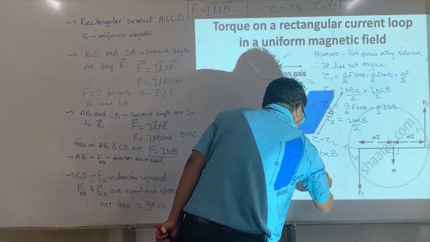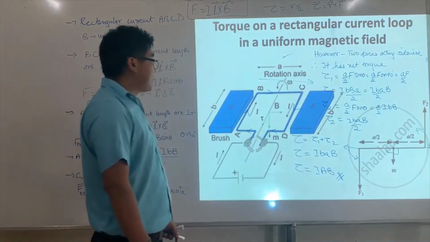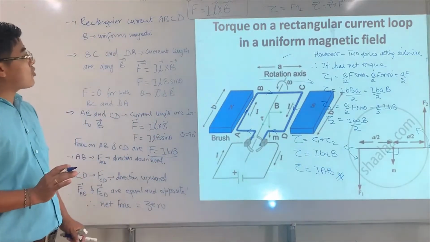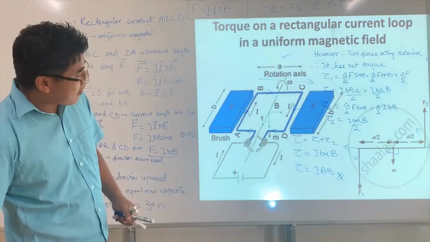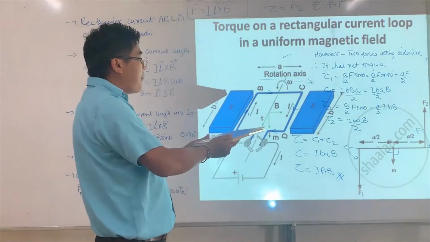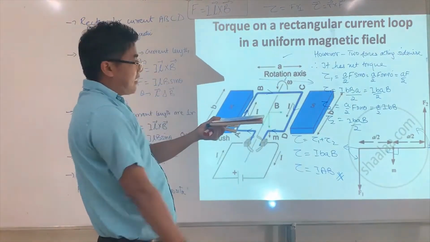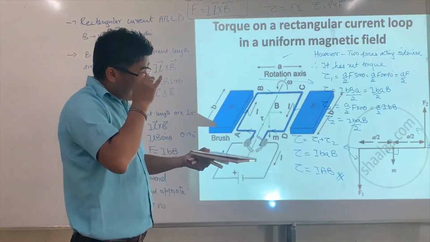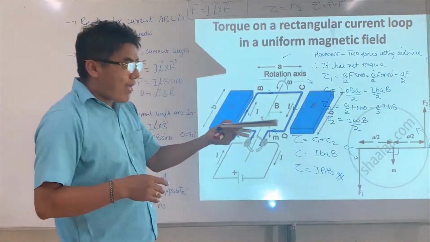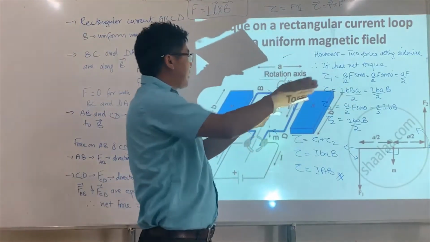So this is going to be I A B. This is the torque when I place a rectangular current loop along a magnetic field.